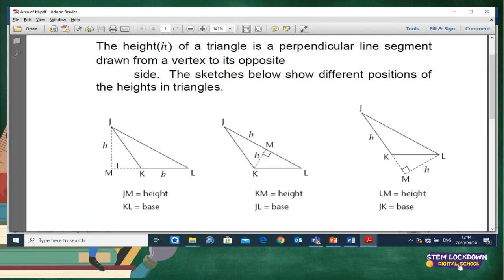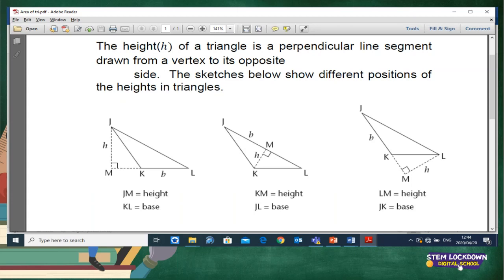And since this is perpendicular, you can see we have got now a new point, which is outside of the triangle, but of course it is horizontally on the same line with KL. And this gives us the base, which is KL, and the height now will be JM. That will be the height of the first triangle.